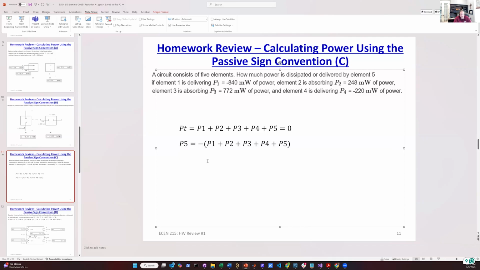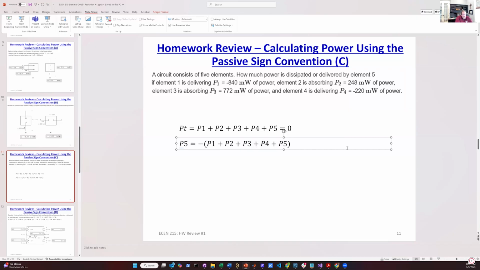You can either sum a negative or just subtract. And we're left with, let's see, make sure I got this, 840, 248, 772, and then 220 subtract. And we're left with, this all together leads us to minus 40 milliwatts.